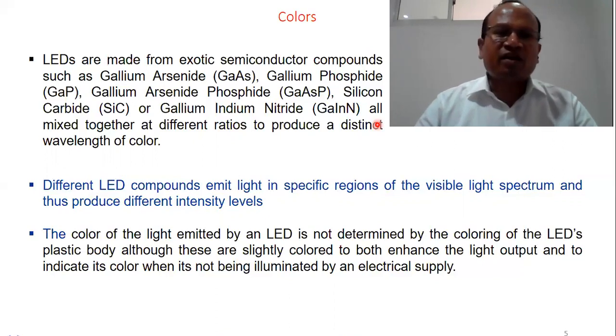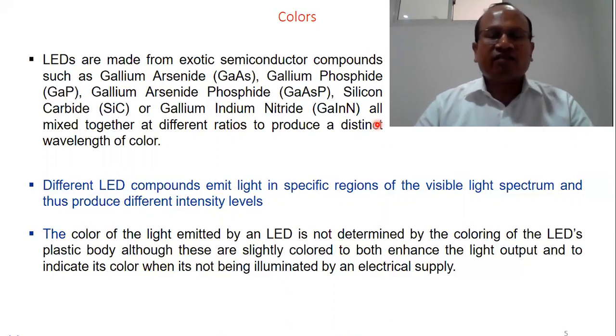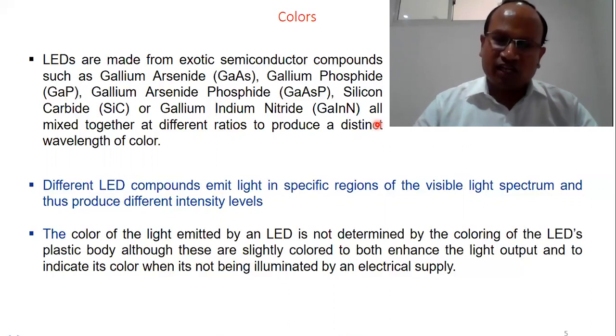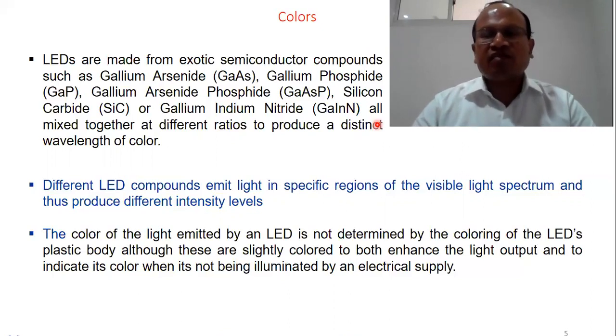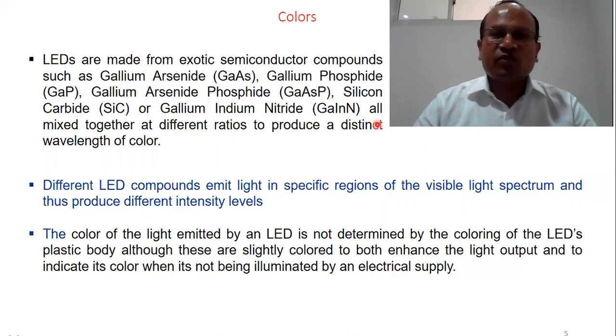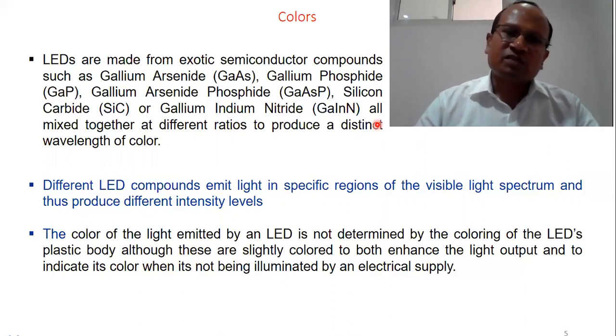So in that spectrum, different wavelengths can be produced by these different materials. So the proportions, the ratios are very important in order to generate a specific value of intensity which we can see in the EM spectrum.